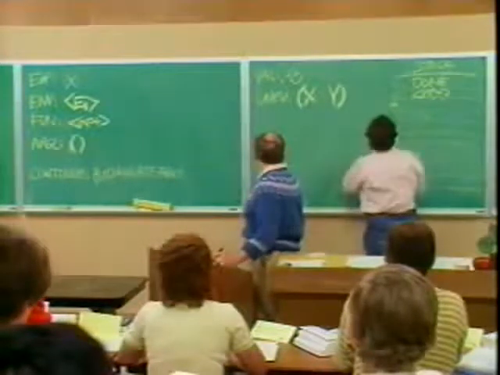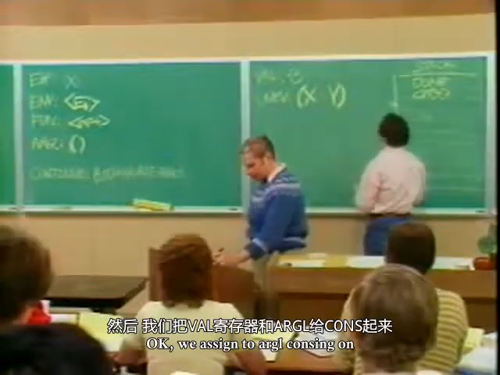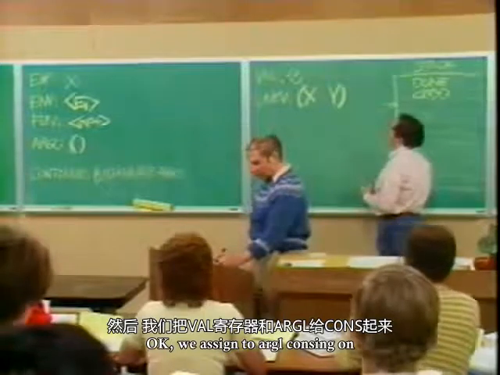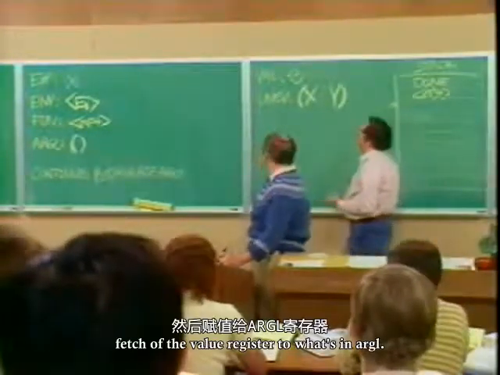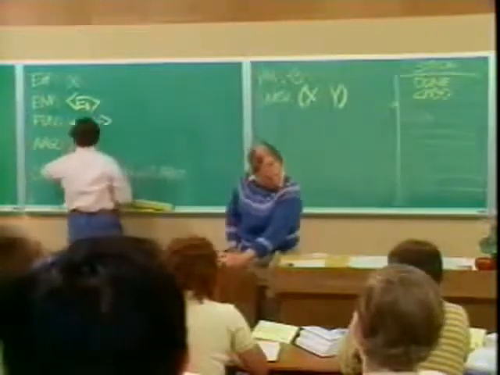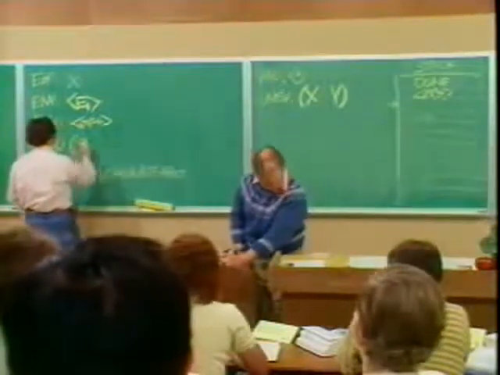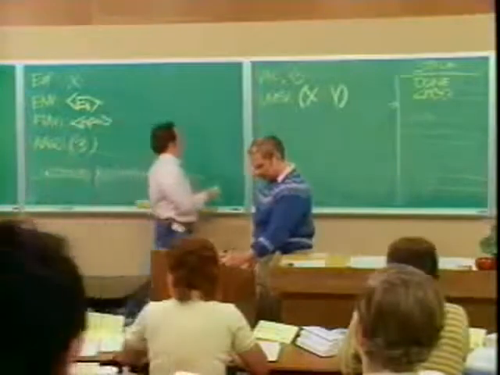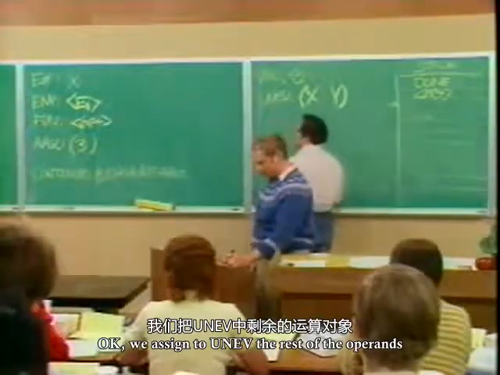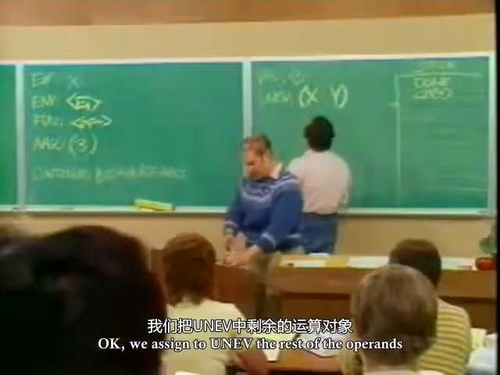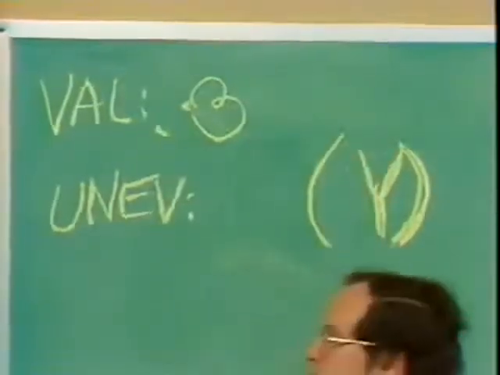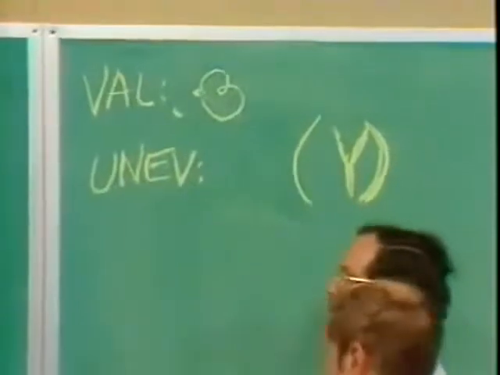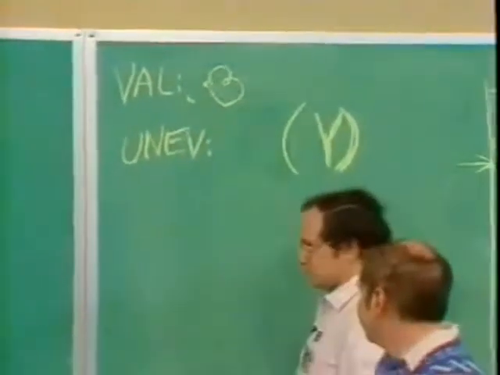Okay. Okay, we assign to argl consing on fetch of the value register to what's in argl. Okay, we assign to unev the rest of the operands in fetch of unev. And we go back to eval arg loop.